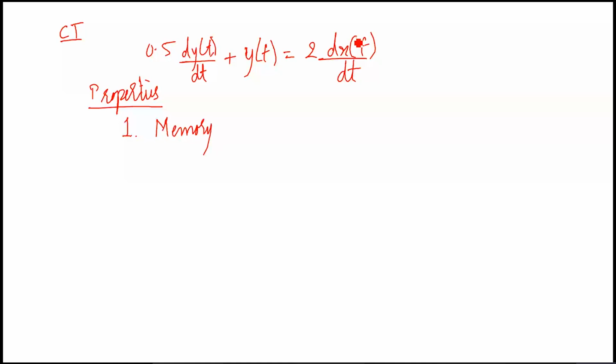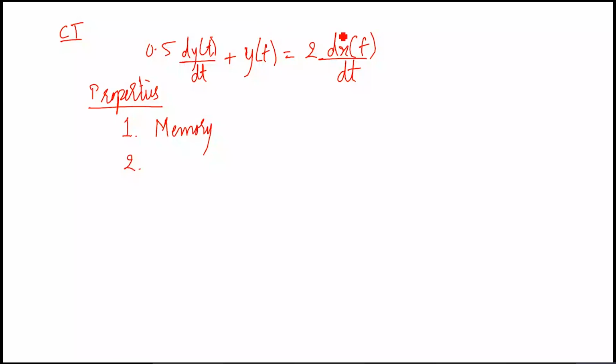If any differential is present. Now to compute a differential, differential is basically rate of change. So we need to have some record of previous or past values so that we can find out the rate of change. So that means we have to have some memory present there. Just like in a difference equation, any difference term will make your system a memory system. For continuous time, if any differential is present, it will become a memory system.